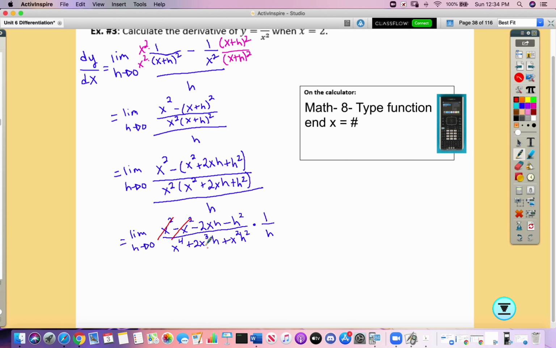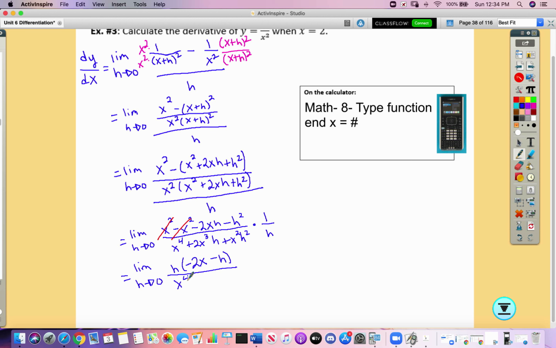And if you wanted to, you could distribute the h, but I recommend you don't, because see what I can do next. I've got the limit as h approaches 0 of, now my numerator, everybody's got an h, so I can go ahead and factor that out. Let's see. I'm just going to factor the h out. So I got h times negative 2x minus h.